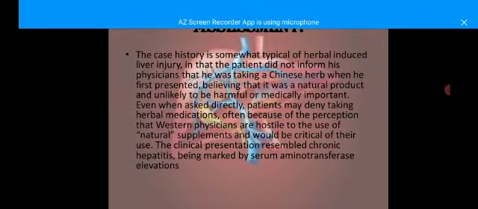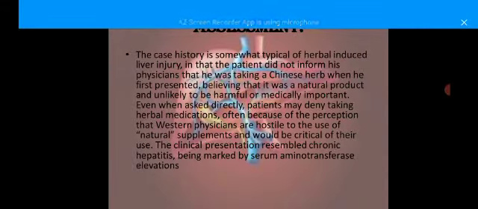Then we have assessment. The case history is somewhat typical of herbal induced liver injury in that the patient didn't inform his physician. Basically, he didn't inform his physician that he was taking a Chinese herb when he first presented, believing that it was a natural product and unlikely to be harmful or medically important.